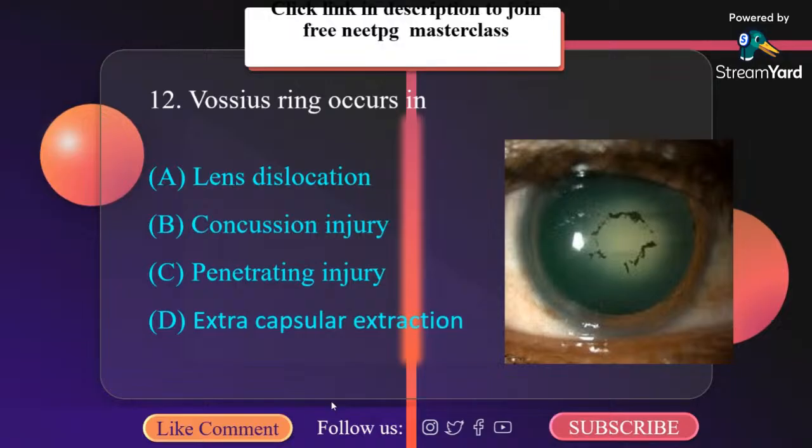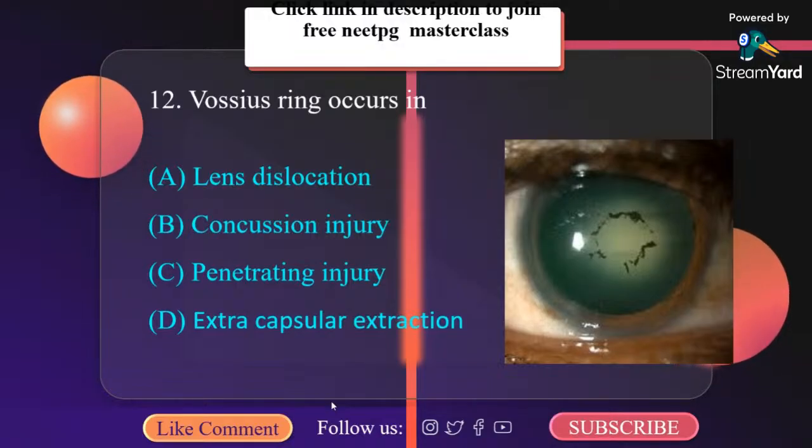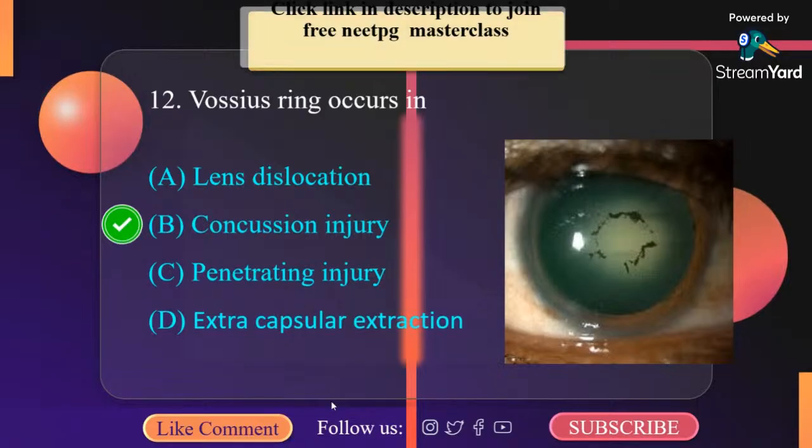Osseous ring occurs in A. Lens dislocation, B. Concussion injury, C. Penetrating injury, D. Extracapsular. It occurs in concussion injury.